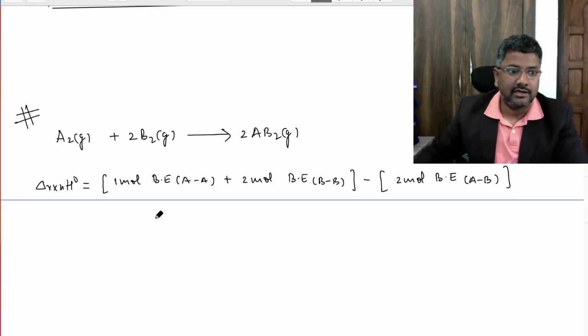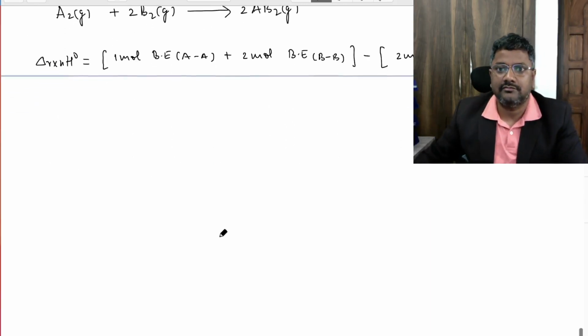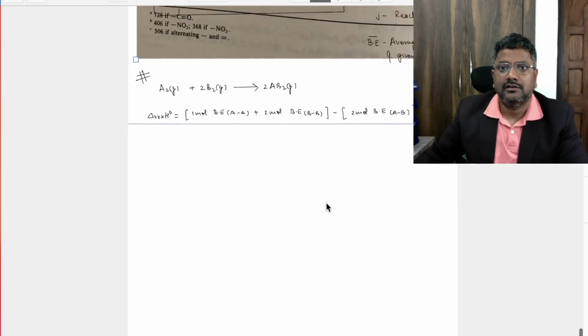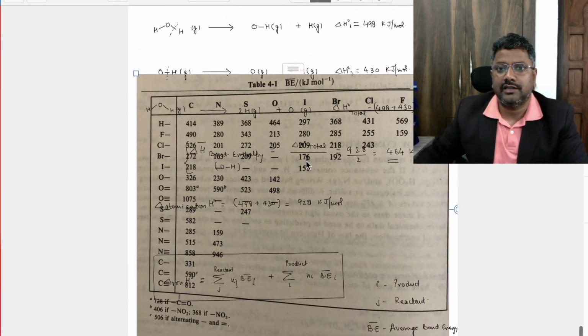So I am giving you some bond energy data, just for your reference, so that you can visualize how you can use this bond energy data, right?